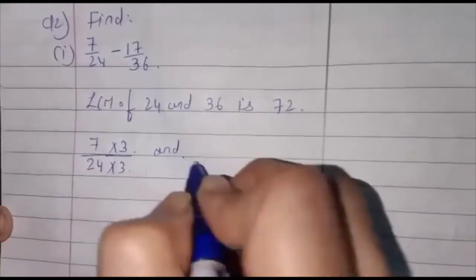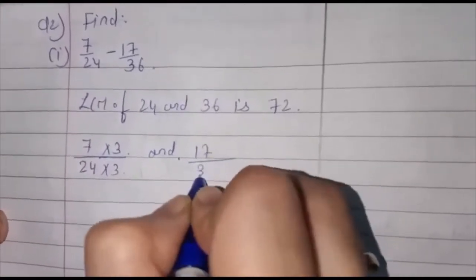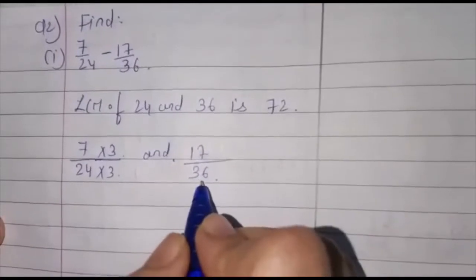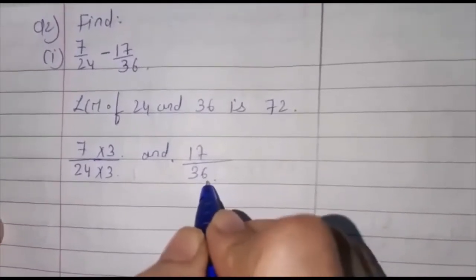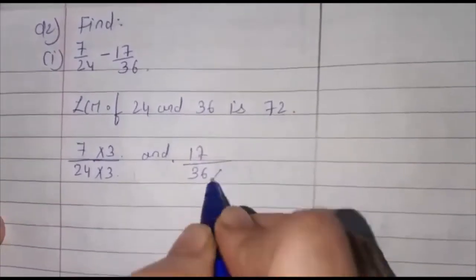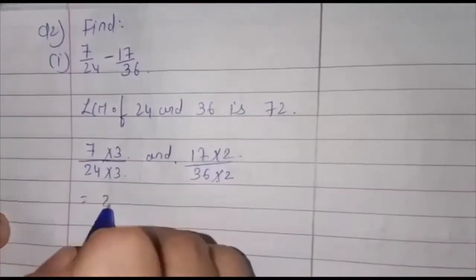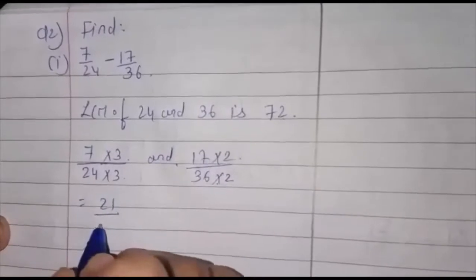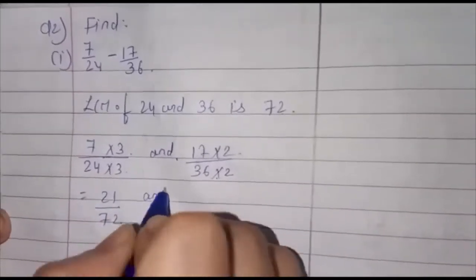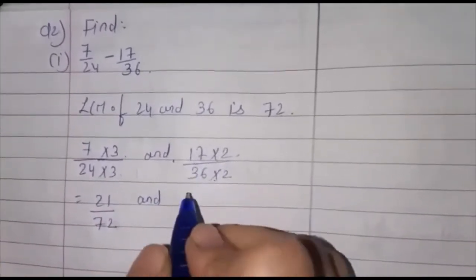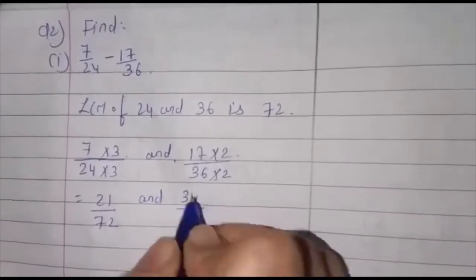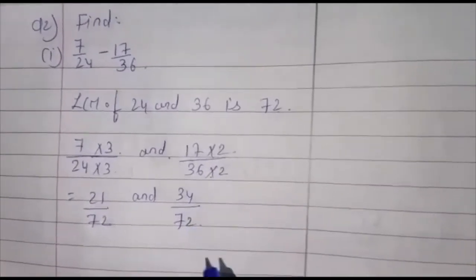And then 17 upon 36. This 36 I will multiply with which number to get 72? With 2. Down 2, up also 2. Then 7 3s are 21 and 24 3s are 72, and 17 2s are 34 and 36 2s are 72.